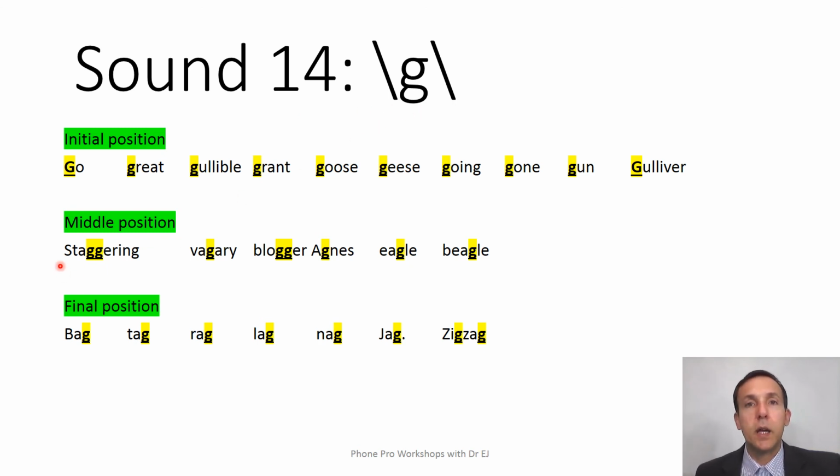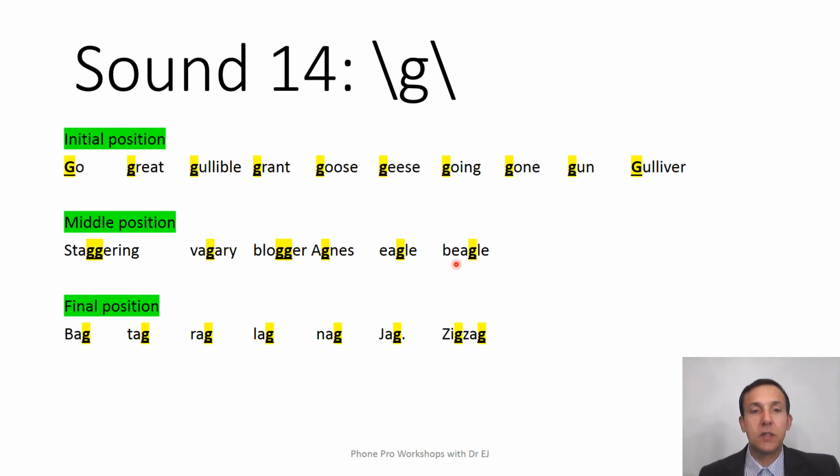In middle position, you have to produce the same sound G. Therefore, you have to say in middle position, staggering, vagary, blogger, Agnes, eagle, beagle. Again, please repeat, staggering, vagary, blogger, Agnes, eagle, beagle.